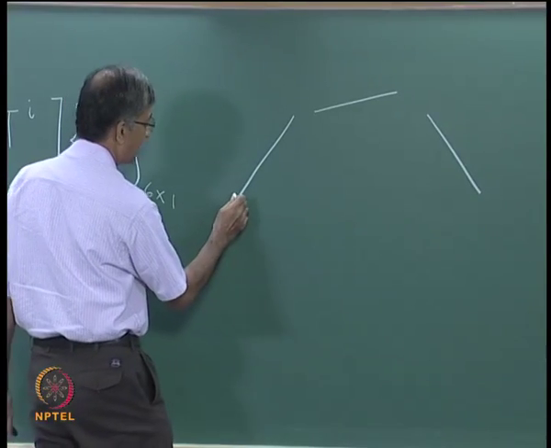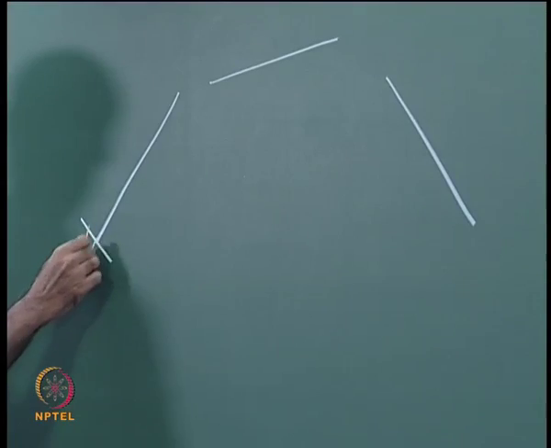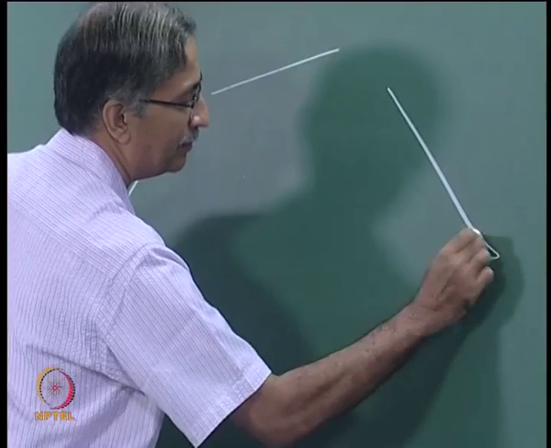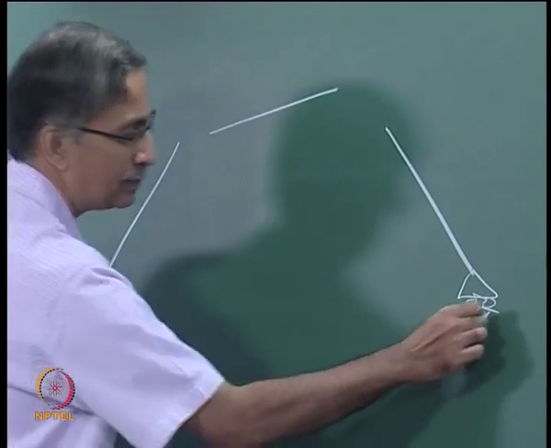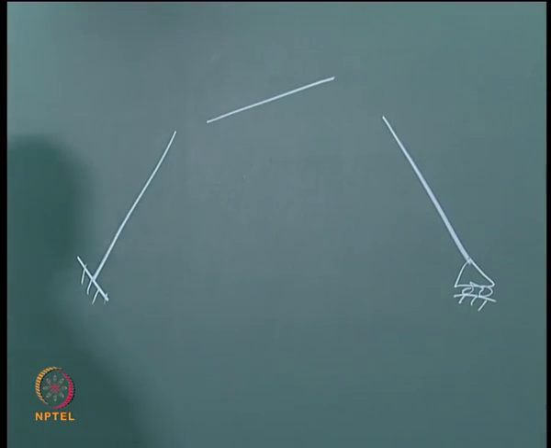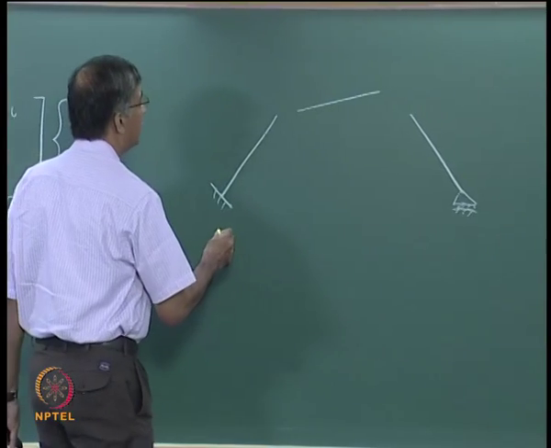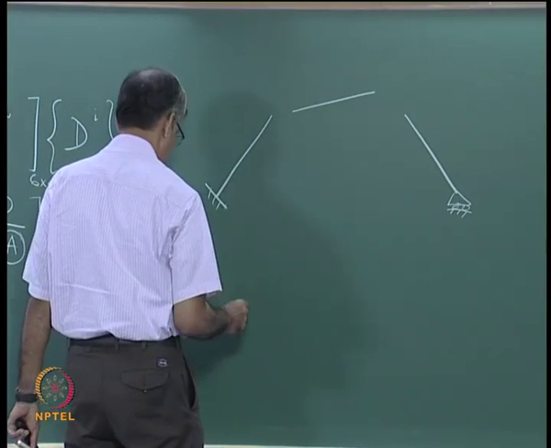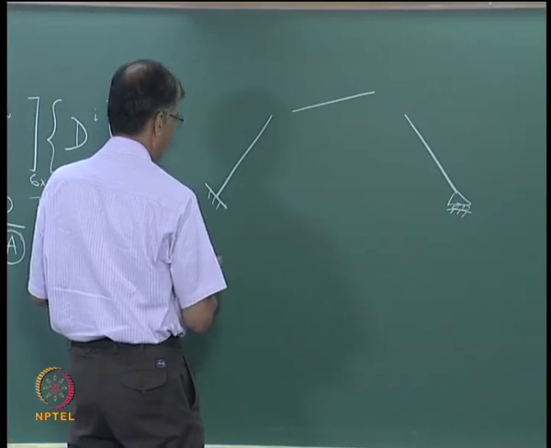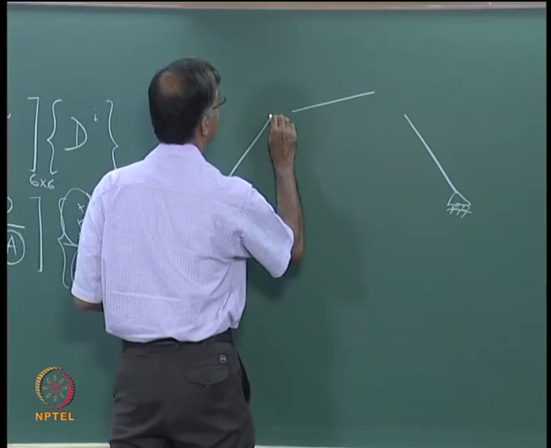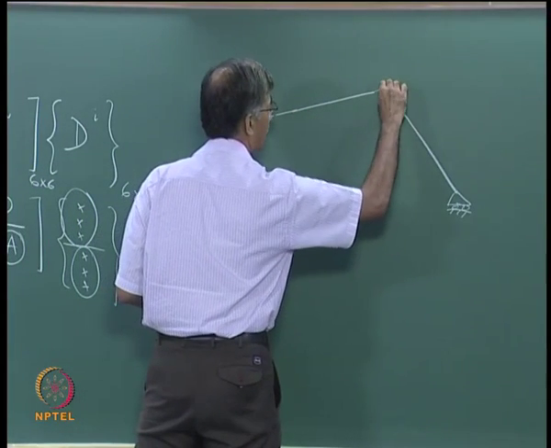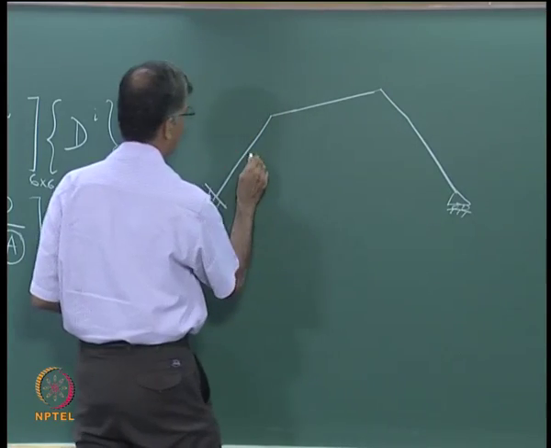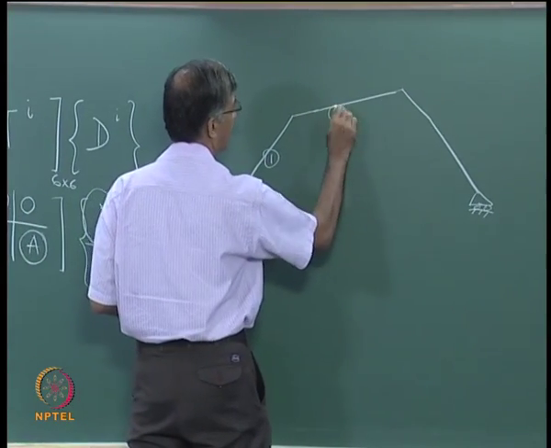And the structure was fixed here, had a roller here. So let's look at the active degrees of freedom. Why don't I join them? This was element 1, 2 and 3.